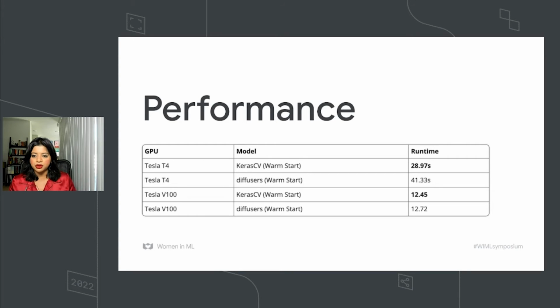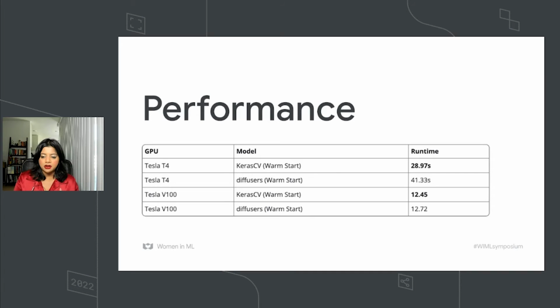So here are some of the performance results. Warm start, for people who aren't familiar with that terminology, refers to not having to instantiate the model every time you have to run it or use it. Let's say in a production environment, you would only need to instantiate that model maybe once. And so that's a negligible cost to your computation.